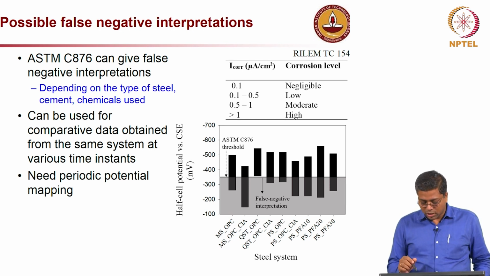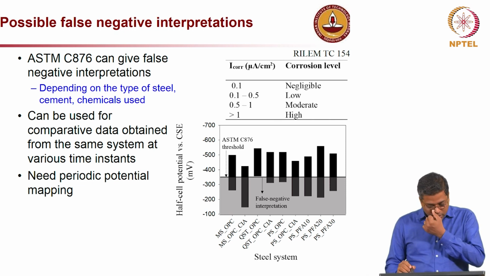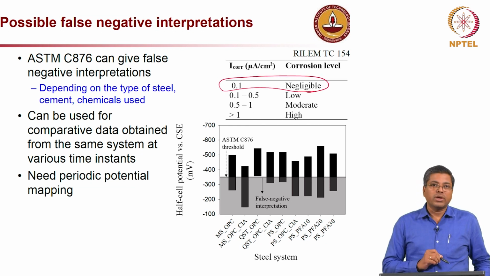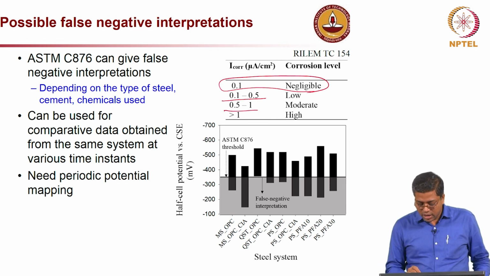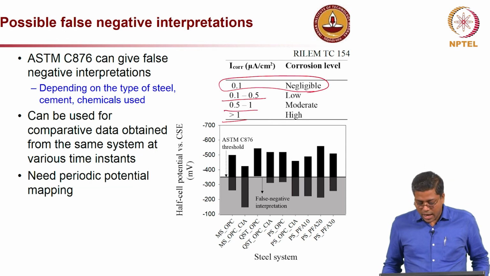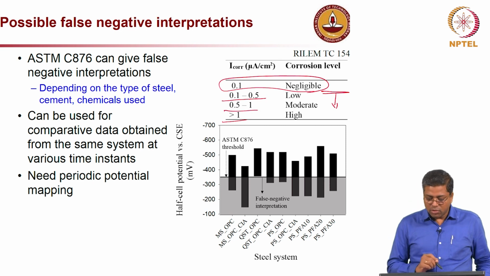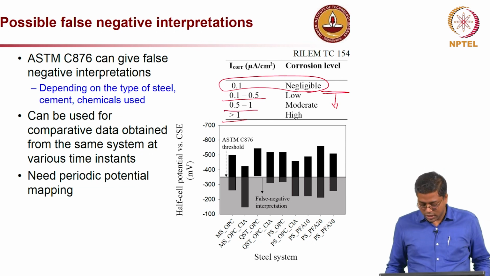As you see on the top right, this is a RILEM recommendation, which says corrosion level can be considered negligible if the corrosion rate is below 0.1 microamp per centimeter square, 0.1 to 0.5 low, 0.5 to 1 moderate, and greater than 1 high. If we consider 0.1 and above as active corrosion, then below 0.1 microamp per centimeter square we say there is no corrosion happening.